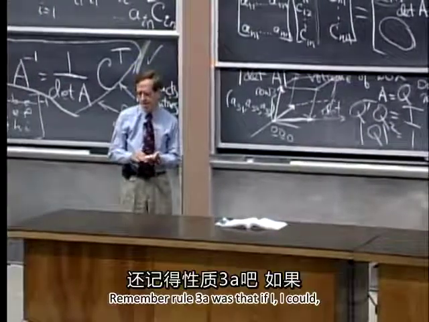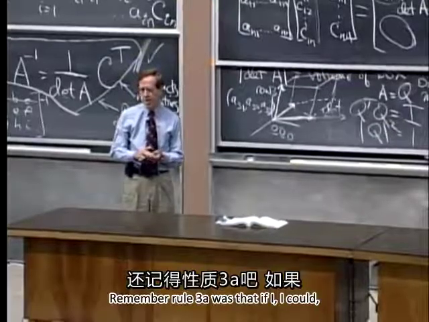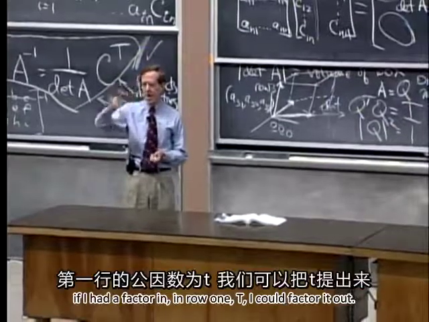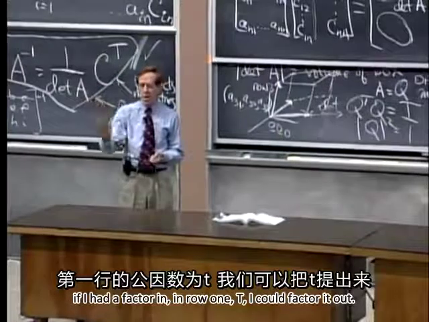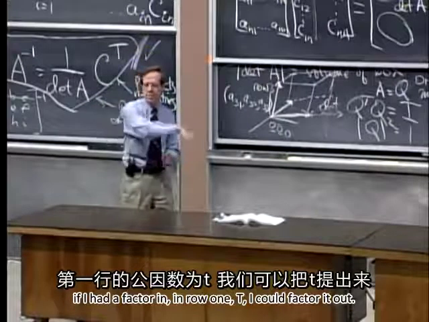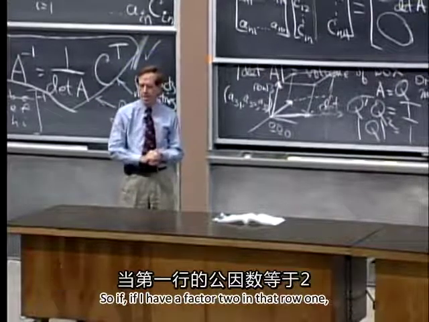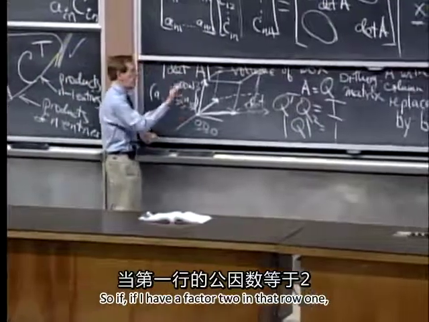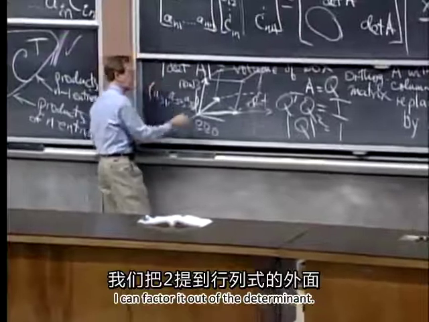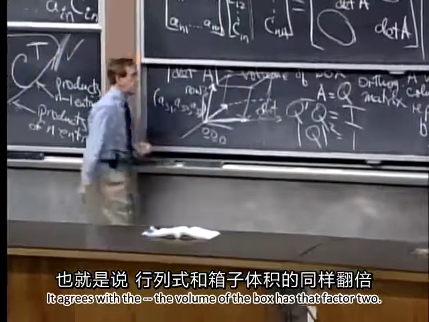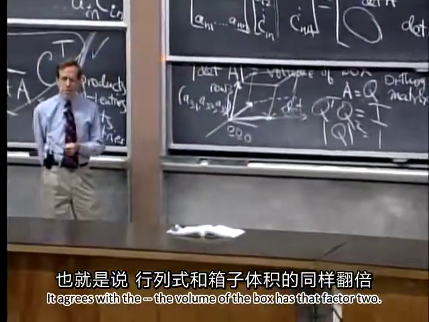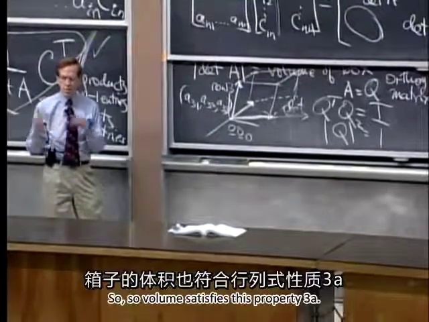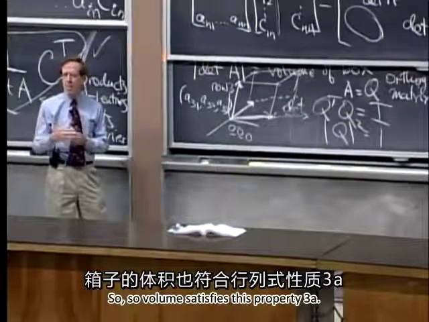And that was rule number 3A. Remember, rule 3A was that if I had a factor t in row 1, I could factor it out. So if I have a factor 2 in row 1, I can factor it out of the determinant. It agrees with the volume of the box, which has that factor 2. So volume satisfies property 3A.